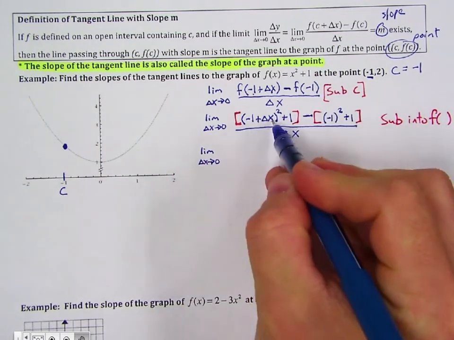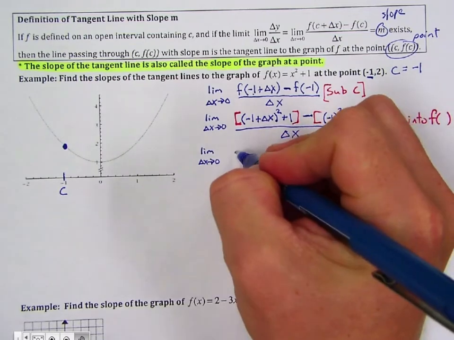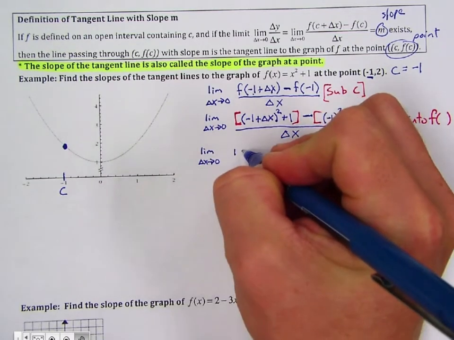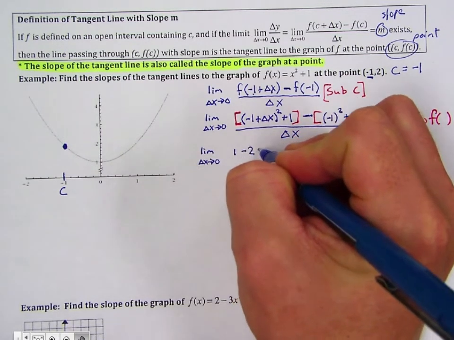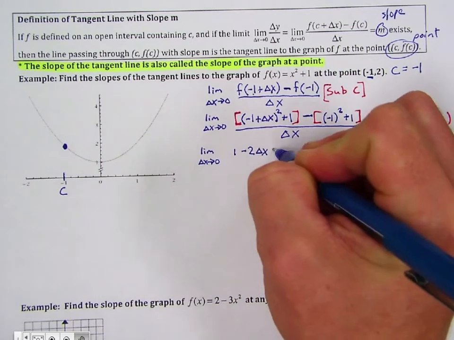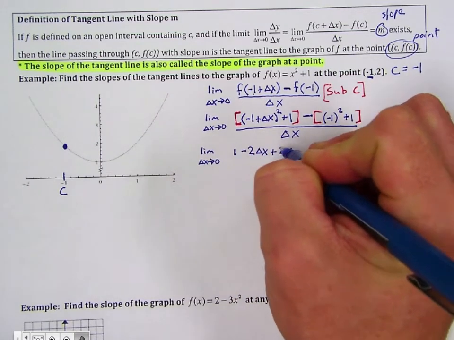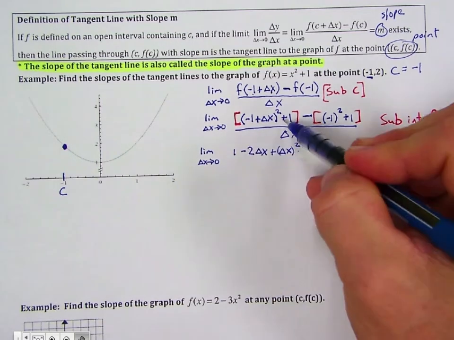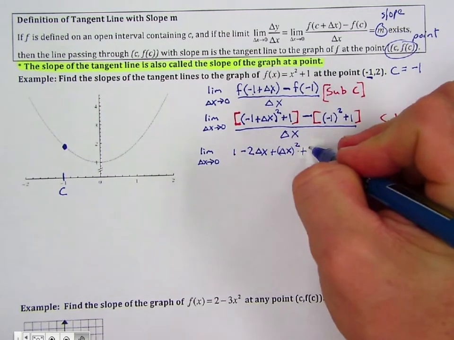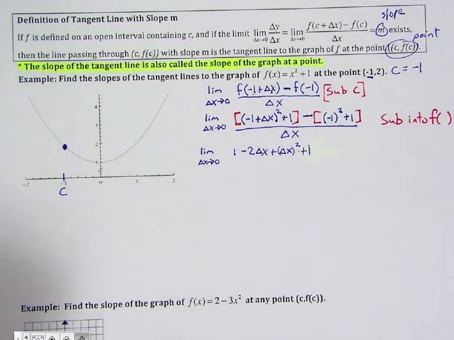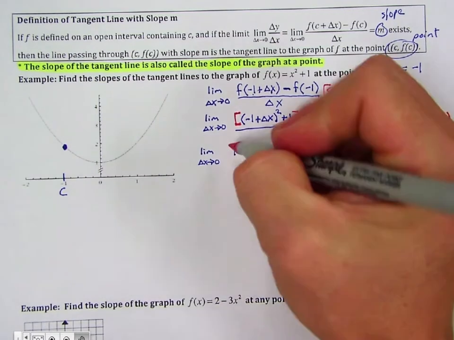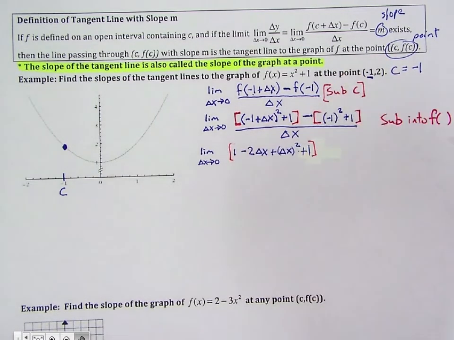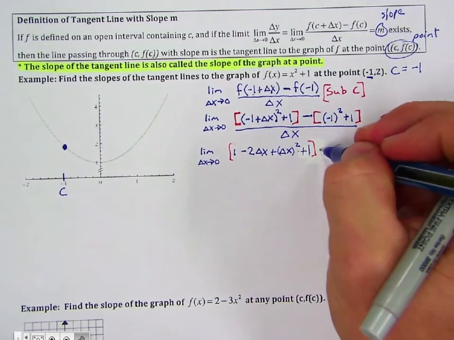So we have negative 1 plus delta x squared, which is 1 minus 2 delta x plus delta x squared, then plus 1. And that's it for these red brackets. And we still have minus.